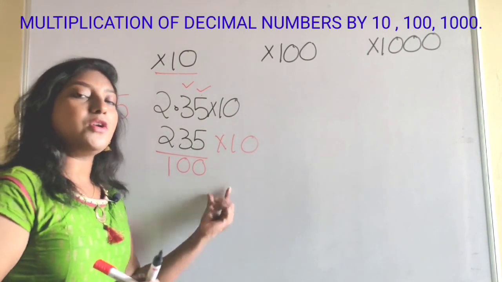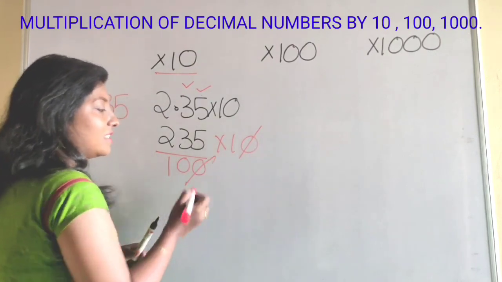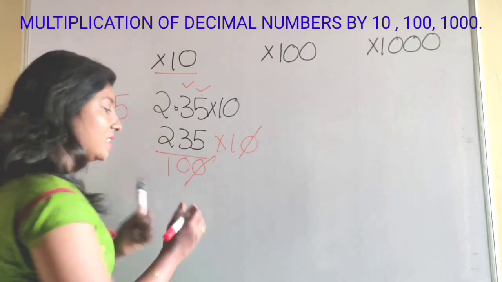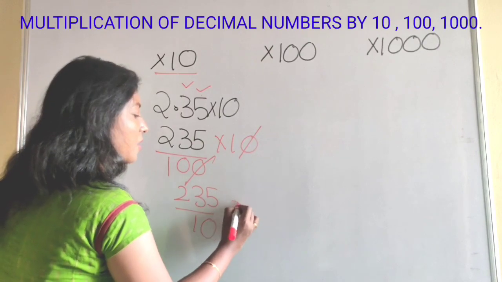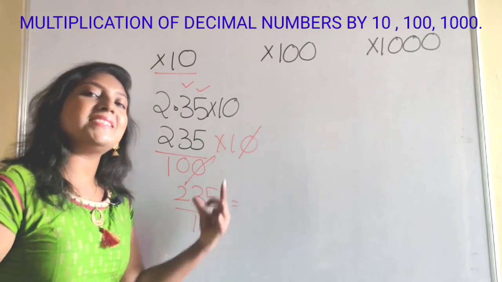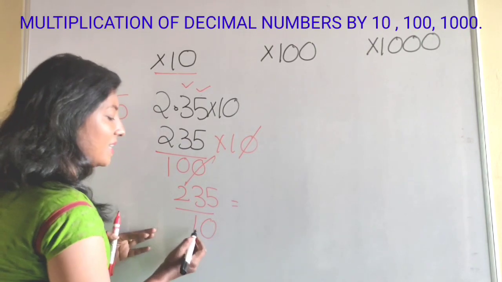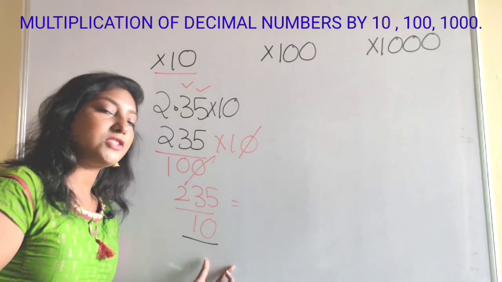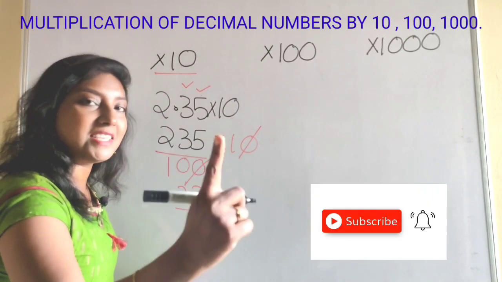Now, we are going to cancel this. How? 10 and 10. And what is the leftover zeros here? Here we have only one 0, that is 235 divided by 10. Now, we are not going to cancel this, we are going to make it a decimal number. How can we make it a decimal number? By checking how many zeros we have at the denominator. Here we have only one 0.